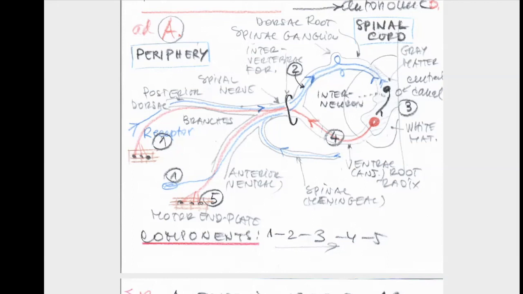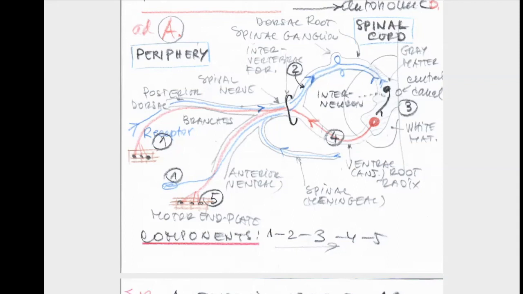We can start with number 1 from the receptors, then follow the blue lines, that means the afferent ascending neurons. Then we end at the level of 3, that means the central nervous system, in this case the spinal cord, because we are at the level of reflexes. And finally, then we go via the neuron number 4, this is the red one, and we end at the level of number 5, which is the motor end plate.